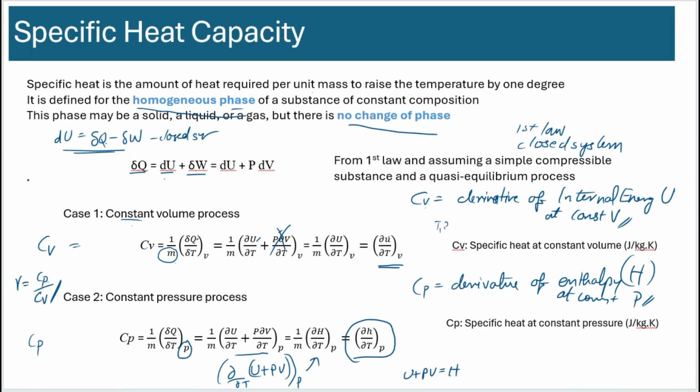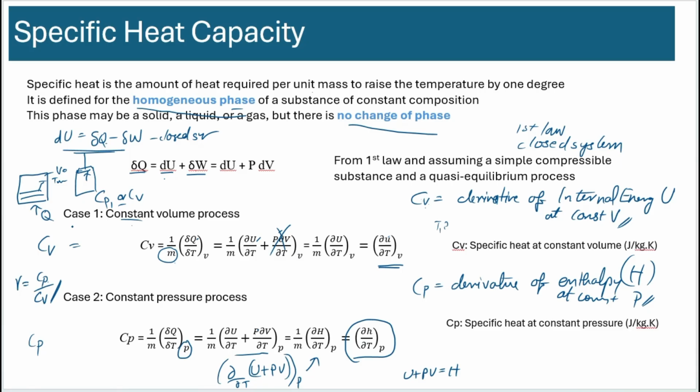When you're trying to heat a substance and you put in a certain amount of Q, if you want to know how much the temperature increases, you need to know either the Cp or the Cv of that substance, depending on whether you're heating at constant volume or at constant pressure, where the piston moves out to keep the pressure constant.